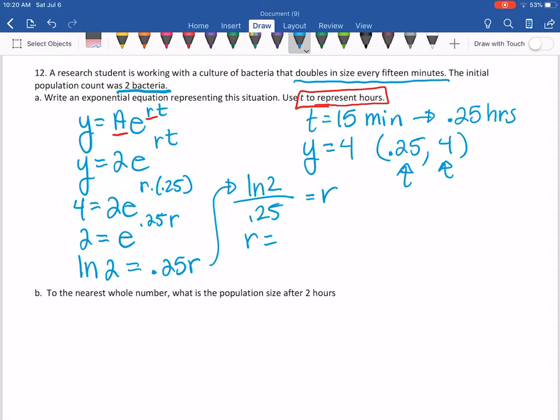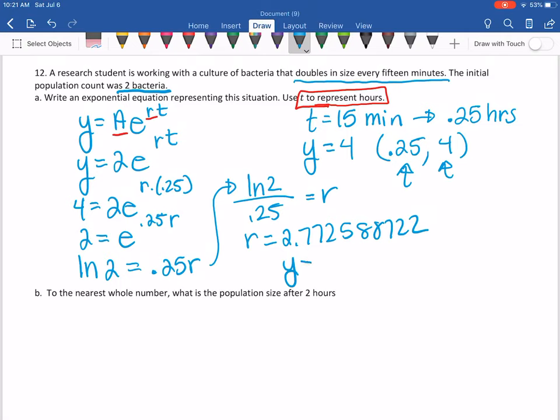Now, when I put this in my calculator, I want to keep all of my digits to maintain accuracy. So when I take the natural log of 2 and I divide by 0.25, my decimal value, if I write it all down, is 2.772588722.